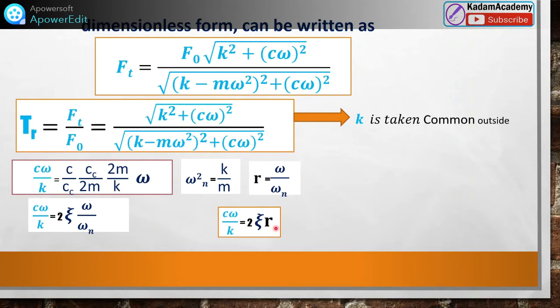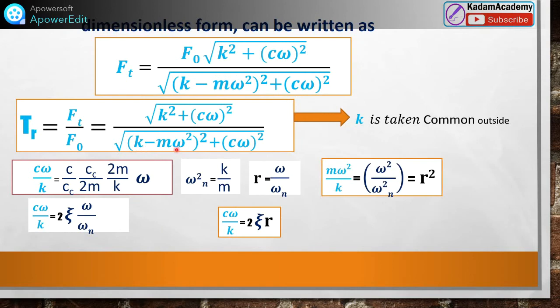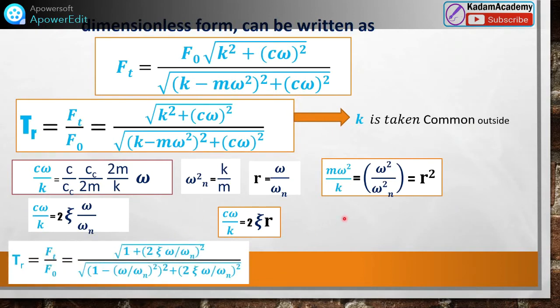That is the dimensionless form. And another term is m omega square by k, where m omega square by k becomes omega square by omega n square, that is r square. You can write here r square. So here what will happen?